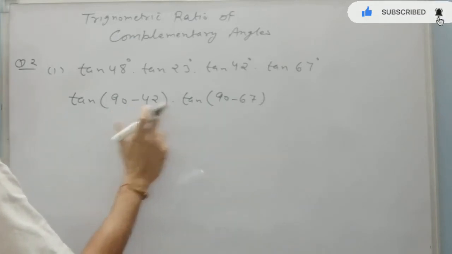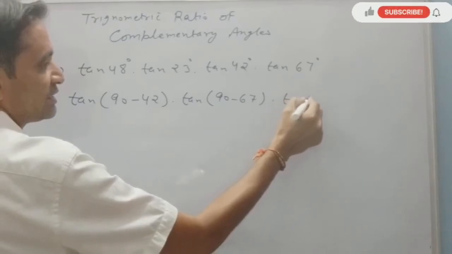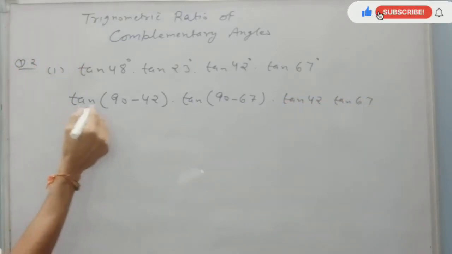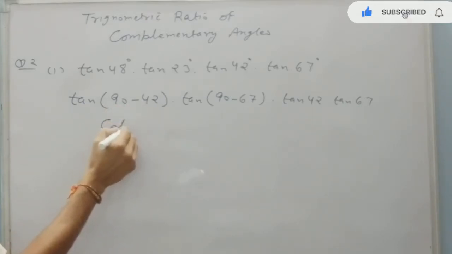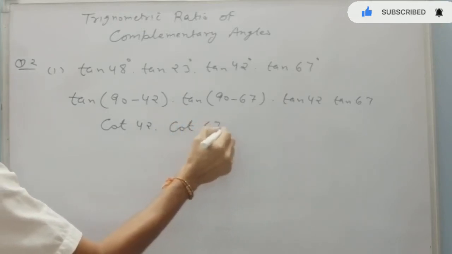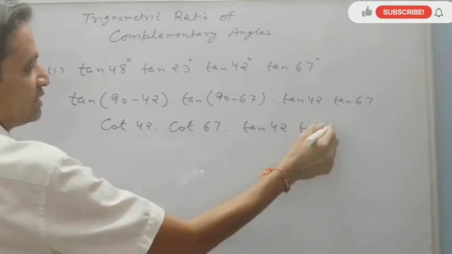Because 42 and 67 are there, I will not change them. It will be as it is, tan 42, tan 67. Tan 90 minus theta means cot 42. This is cot 67. This is tan 42, tan 67.